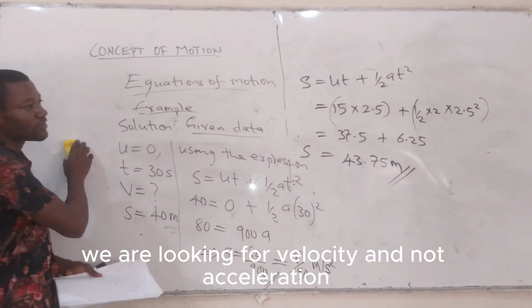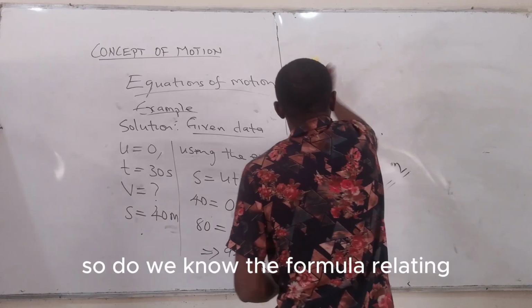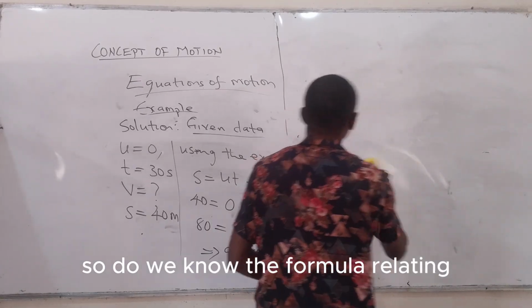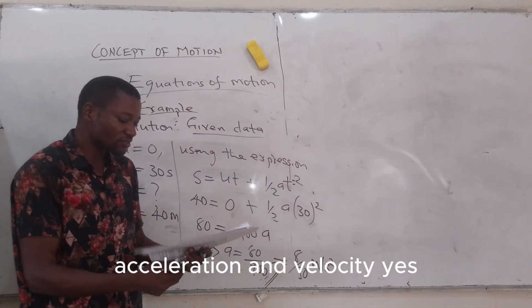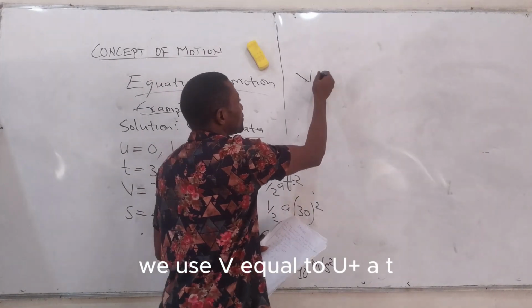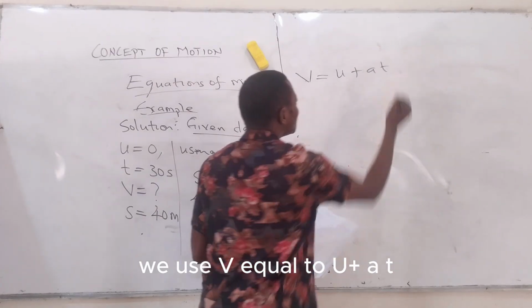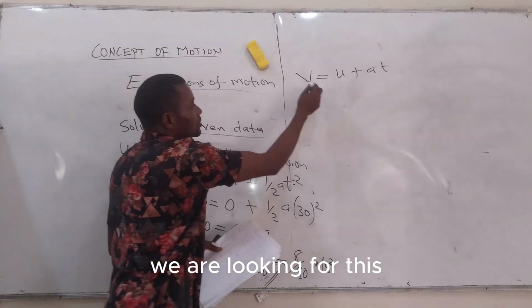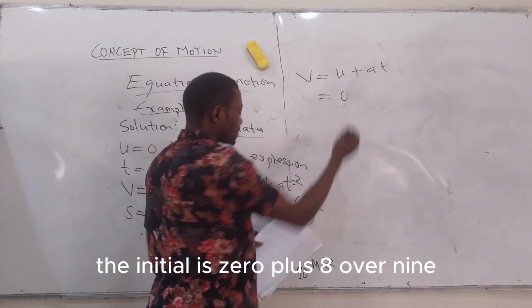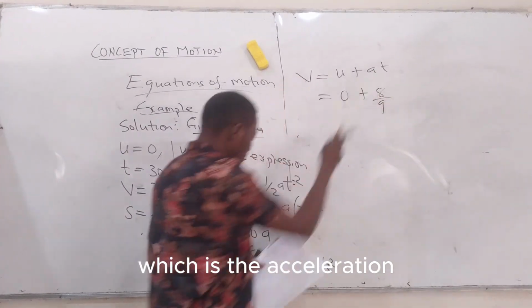We are looking for velocity and not acceleration. So do we know the formula relating acceleration and velocity? Yes. So we use v equal to u plus at. We are looking for this. The initial is 0 plus 8/9, which is the acceleration.